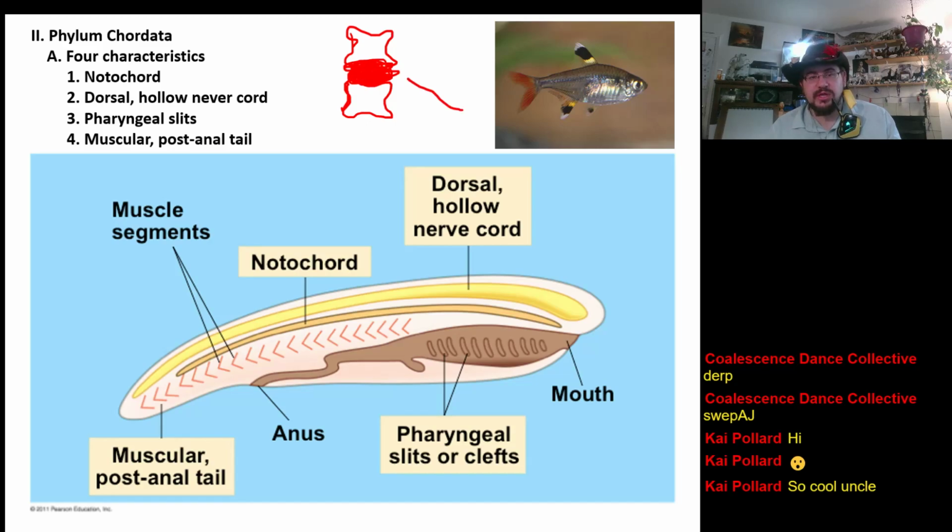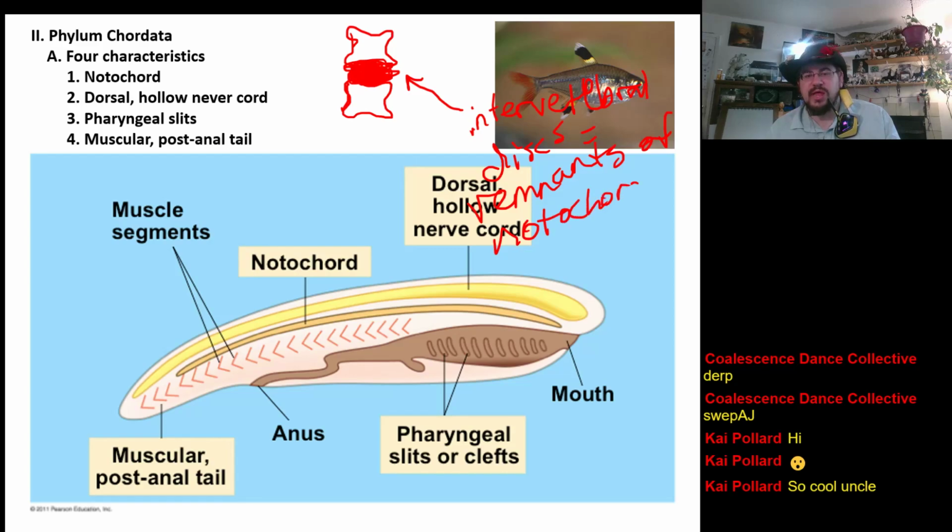And those intervertebral discs are remnants of the notochord. So if the animal has intervertebral discs, those are remnants of a notochord, which is pretty cool.